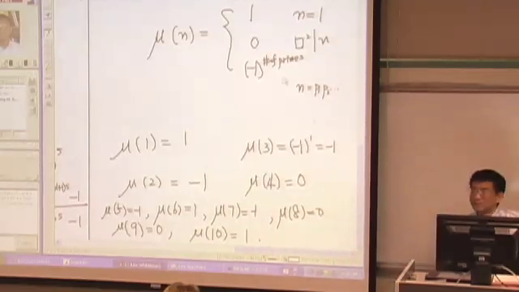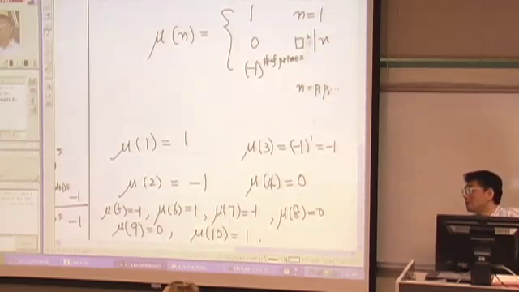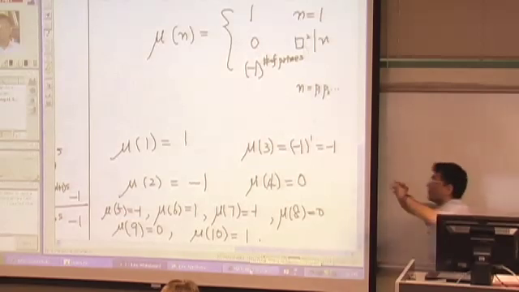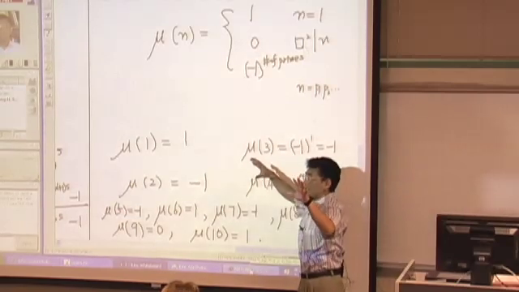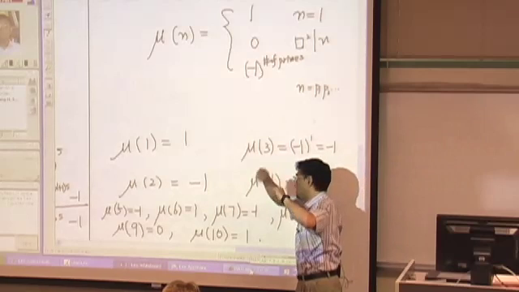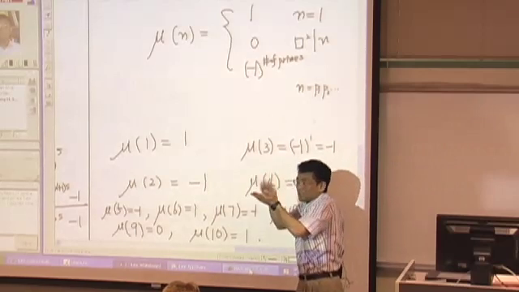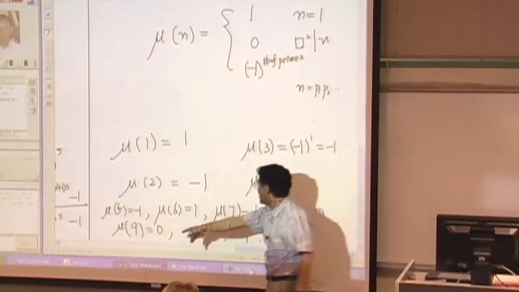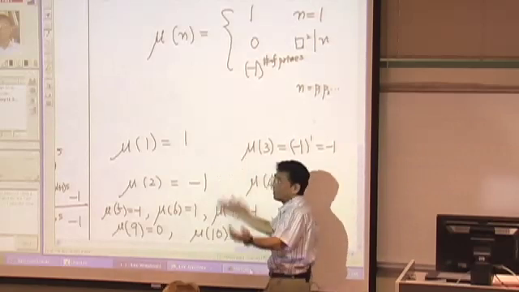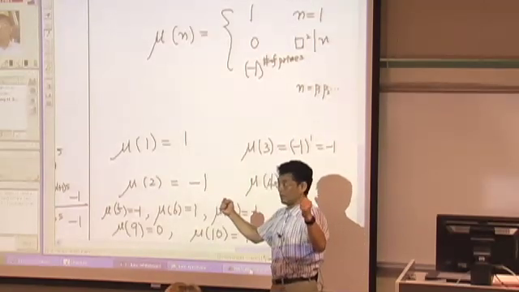Yes? 8 means 2 squared divides n, then 0. So we ignore the negative 1 times, or 2 times 2 times 2. Factor out the perfect square first. That's right. In other words, the only way is distinct primes. If there is any repetition of any prime, like 9 or 8 or 4 or 12 or 24, it is 0.